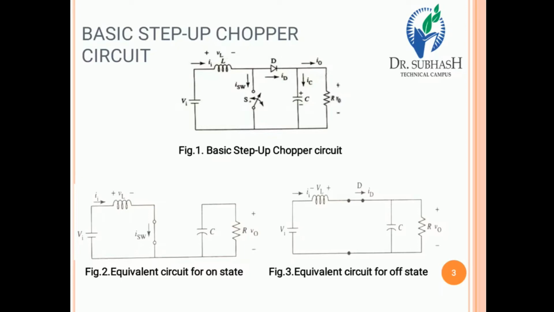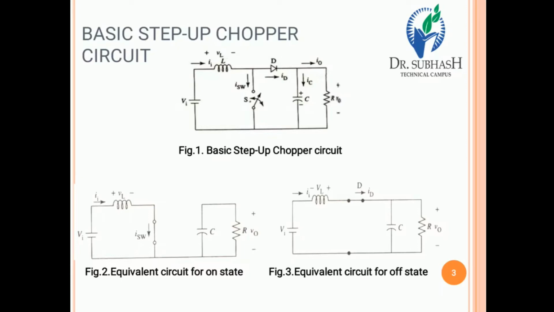Figure 2 is the equivalent circuit of the on state. Figure 1 is the basic step up chopper circuit, and figure 2 is the equivalent circuit of the on state, meaning the switch is in the turn on condition. Now when the switch is turned on, the diode goes into the reverse bias condition, so it works as an open switch.